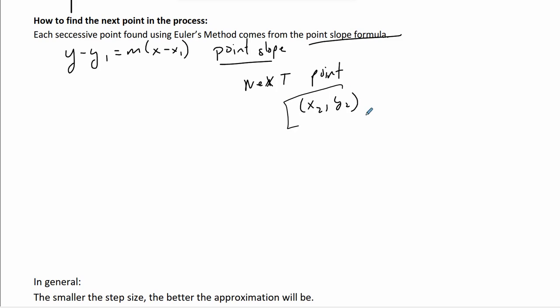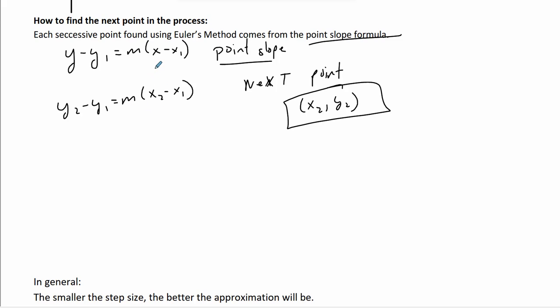So if I take this point and sub it in, I'm going to get y sub 2 minus y sub 1 is equal to m times x sub 2 minus x sub 1. And that gives us the next point-slope equation for y sub 2. I want to make a mental note first.